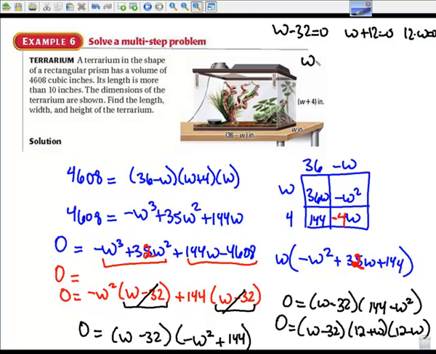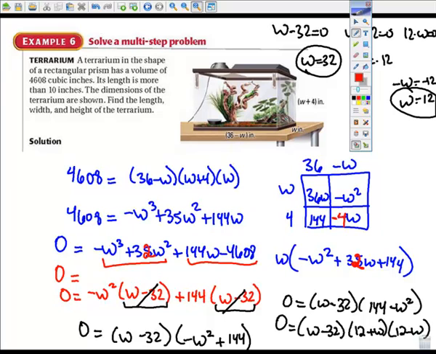So here W would equal 32, and here W would equal negative 12, and here I'd end up with a negative W equals negative 12, so W would equal positive 12. So it appears that two answers are going to work. When we put them in here, let's see what happens.